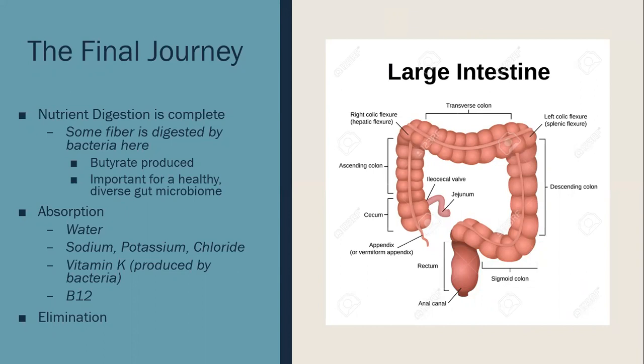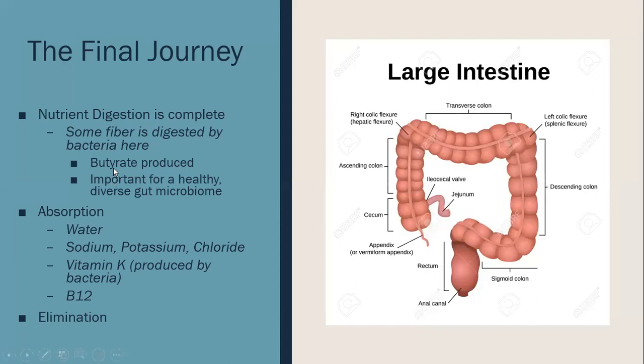What we also find in the colon is that some fiber is digested here by bacteria. So fiber, what we usually think of as non-digestible or something that we're not going to break down, isn't 100% truthful, because we do have some fibers, particularly water-soluble fibers, that can be digested. And often these produce butyrate. Butyrate's a very important bacteria fuel, I guess would be a better way to say, where the bacteria is producing this butyrate.